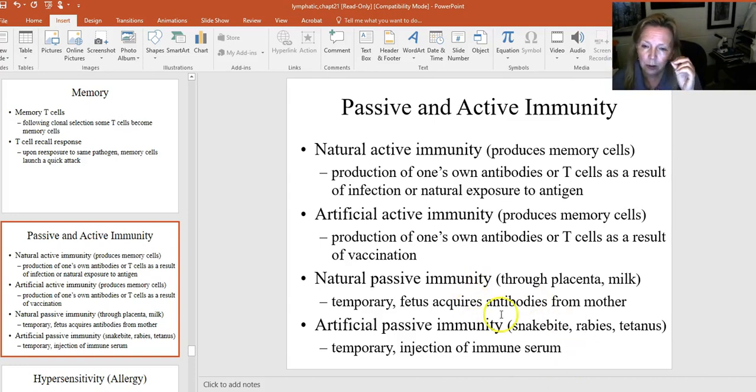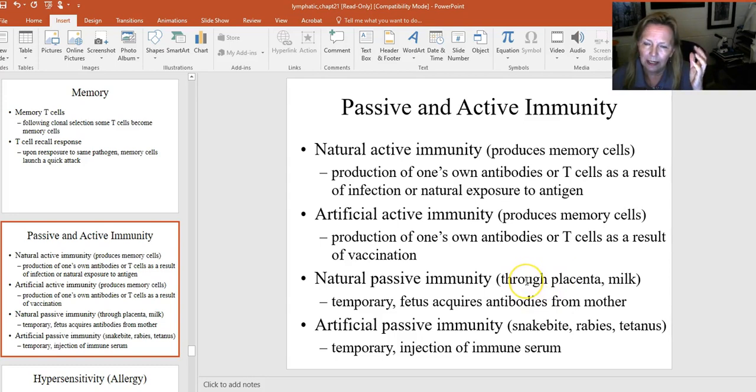Now, the neonate can also be protected by the IgA antibodies from the mother's breast milk. So breast milk is rich in IgA, maternal IgA antibodies, and those antibodies coat the neonate's GI tract and can really protect that neonate from being susceptible to dehydration in those first few weeks of life.